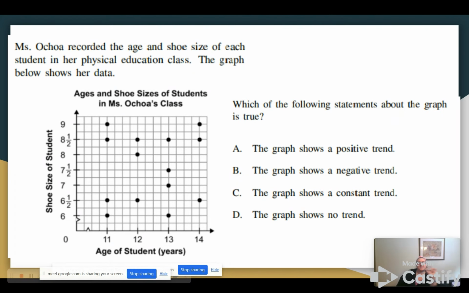However, if we had said, okay, I want to look at just female students, and we changed our age range from 0 years old to 5, I think we would then see a positive trend. Personally, I would never expect to see a negative trend. Most people's feet do not shrink. I say most because it can happen. But in this case, I would say there's really no trend here.